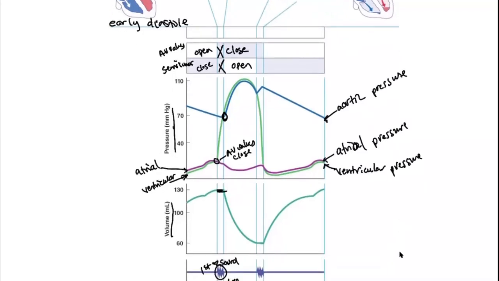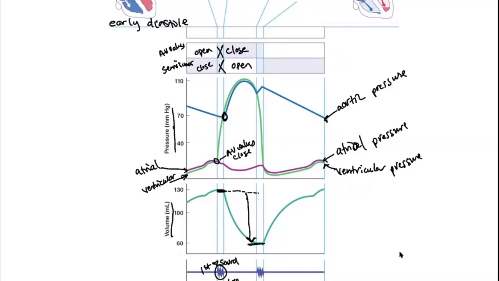Blood at this point is getting ejected out of the heart, so the volume drops in the ventricle. It drops from here to here.